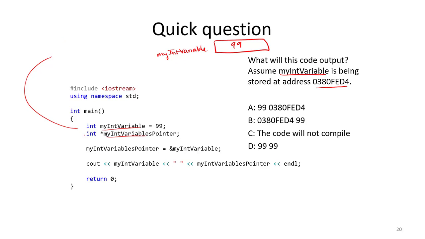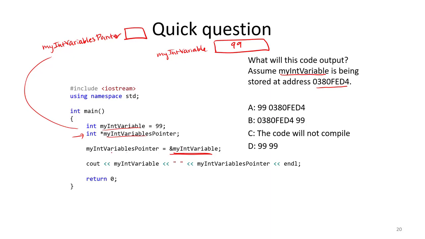In the second line of code, I've also declared something called myIntVariablesPointer, and I've assigned it the value of myIntVariable's memory address.